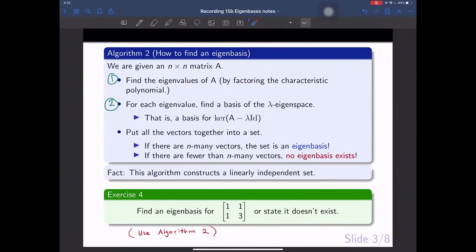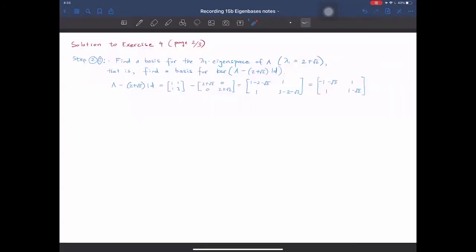Next, I will do the second step, which is to find a basis for each eigenspace of A. First, I will find a basis for the eigenspace corresponding to eigenvalue 2 plus square root of 2. This is the same as finding a basis for the kernel of A minus 2 plus square root of 2 times the identity matrix.